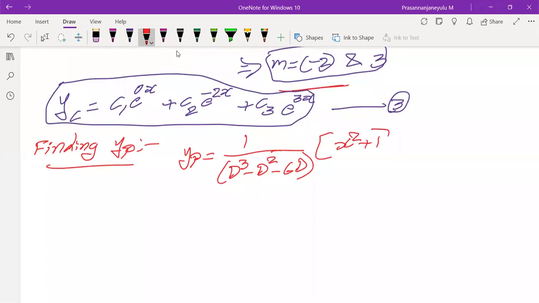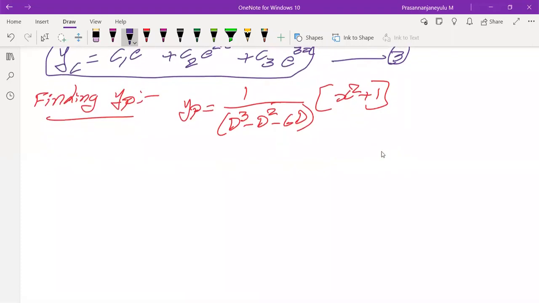Okay, so in the denominator the least power of D is 1. So what is the term? Minus 6D. We have to take the term minus 6D common in the denominator.